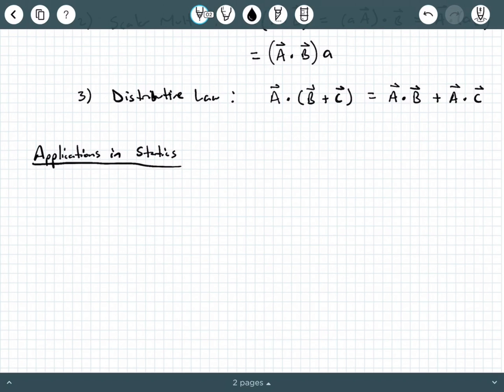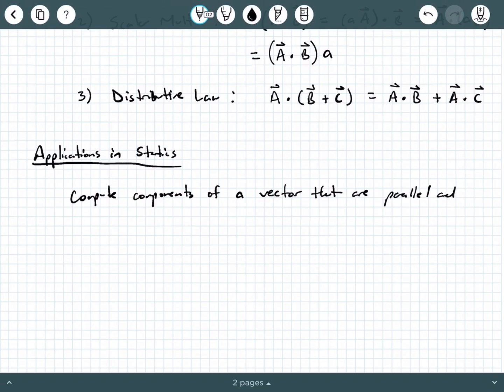So most often you're going to use the dot product to compute components of a vector that are parallel and perpendicular to an axis.